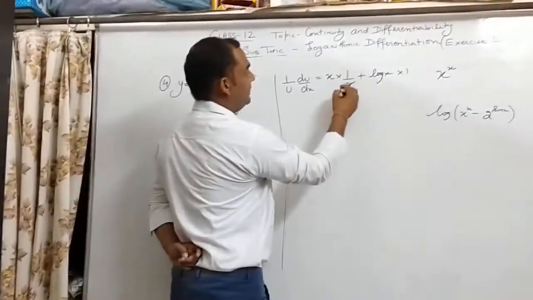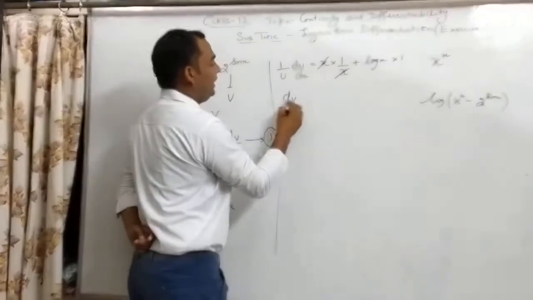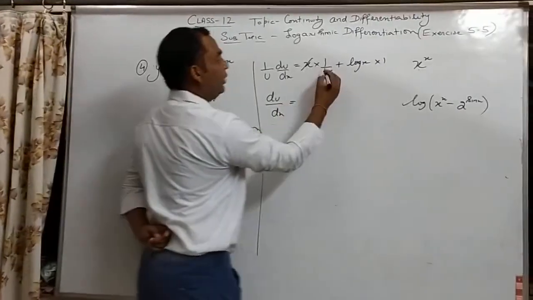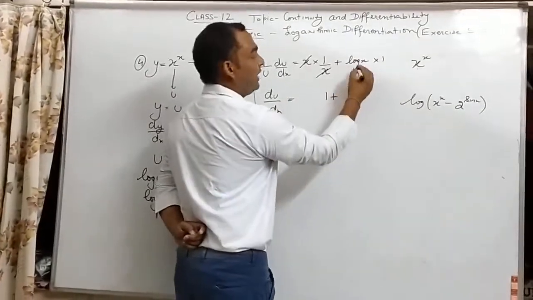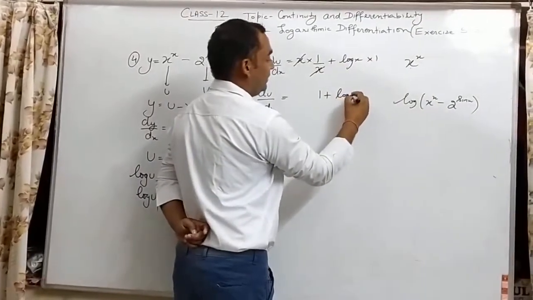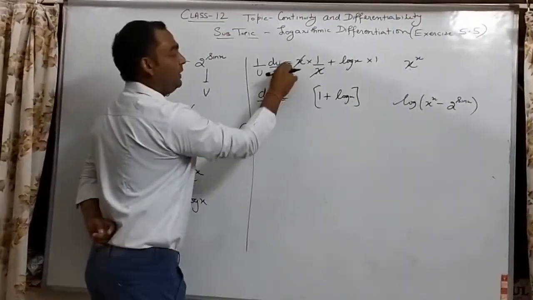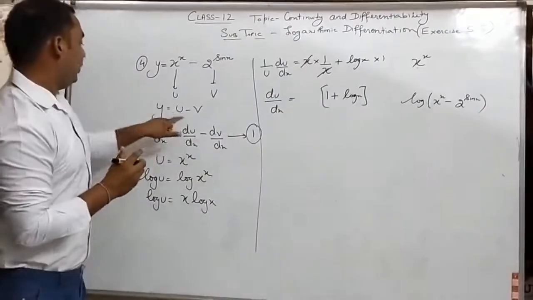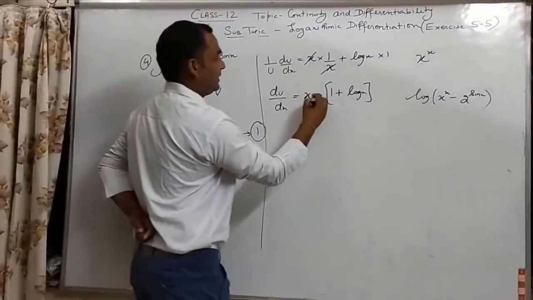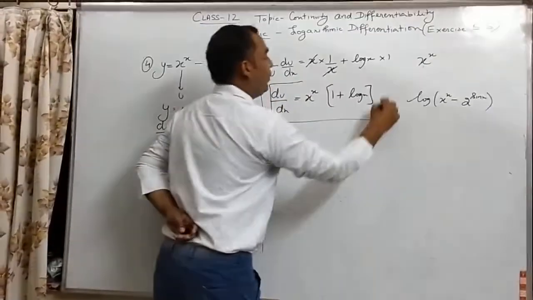Now x cancel, so du upon dx is equal to 1 plus log x into 1 is log x, and u cross multiplying substituting the value of u is equal to x raised to power x. So here we have found du upon dx.